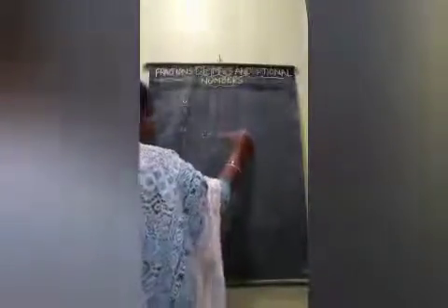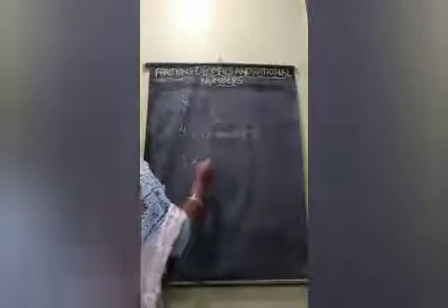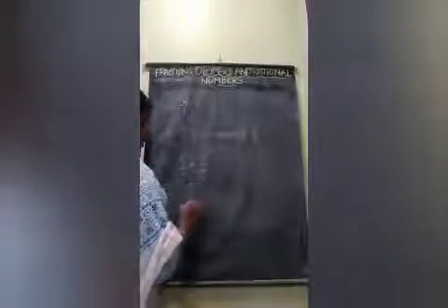Division is converted into multiplication, with the reciprocal of this fraction, 4 by 5. That is equal to 4 by 9 multiplied with the reciprocal of 4 by 5, which is 5 by 4. We can cancel 4 and 4. We get the answer 5 by 9. Okay, next problem.